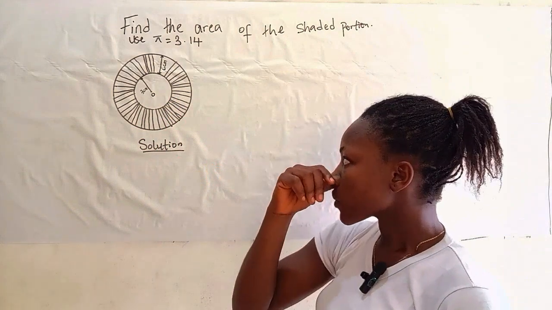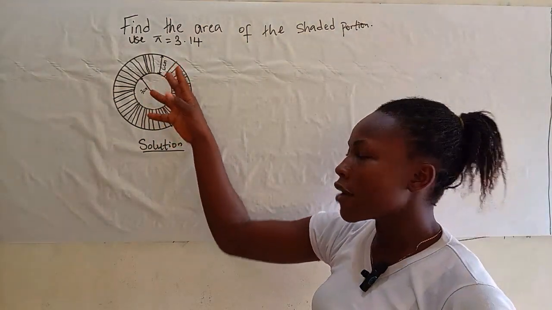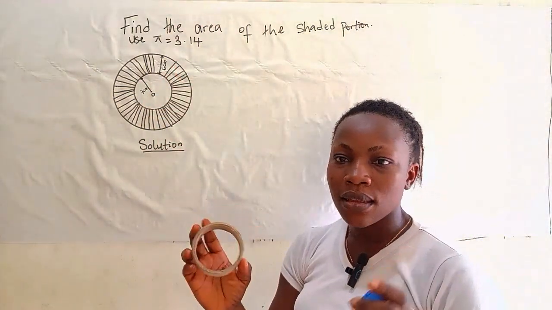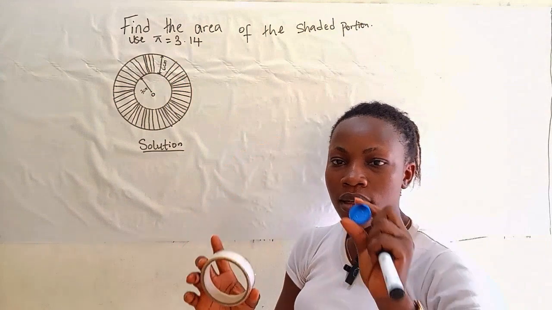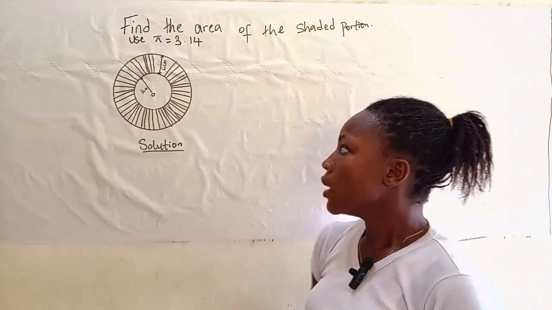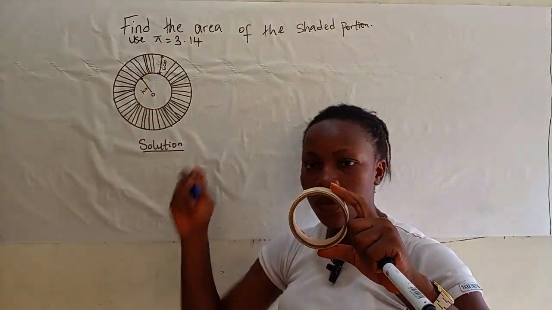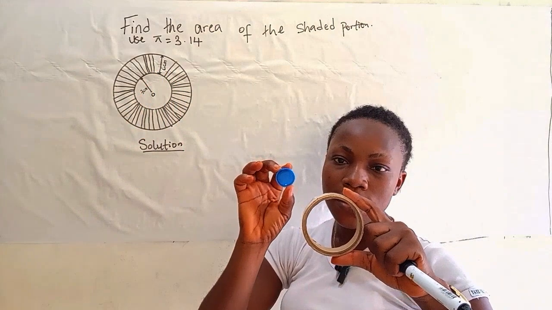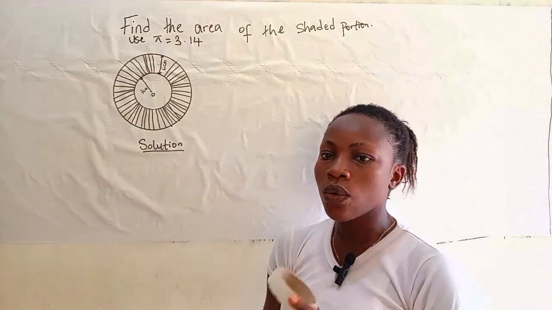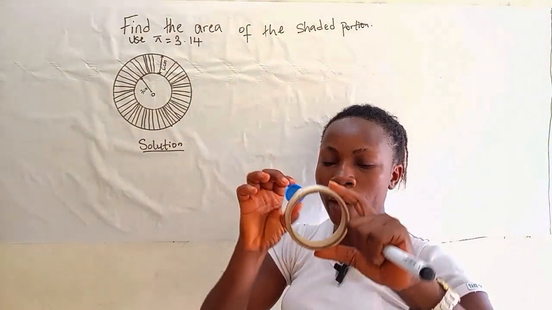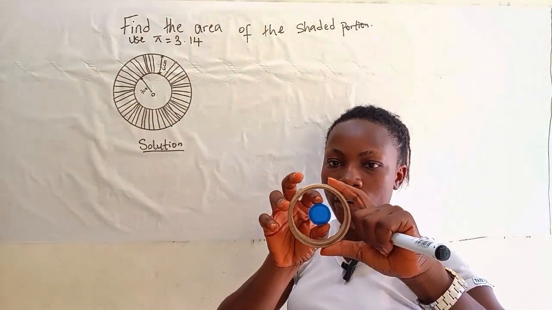Now, what we have here is this bigger circle, while this is the smaller circle. Now carry this smaller one and put it here.